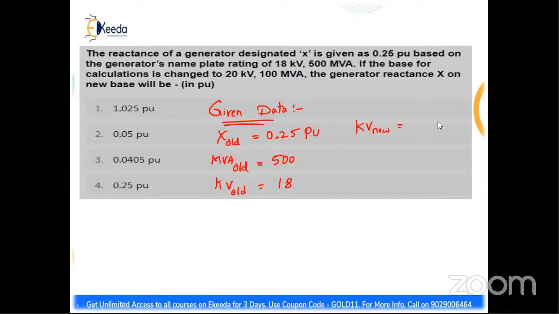kV new value is 20 and MVA new is equal to how much? 100.